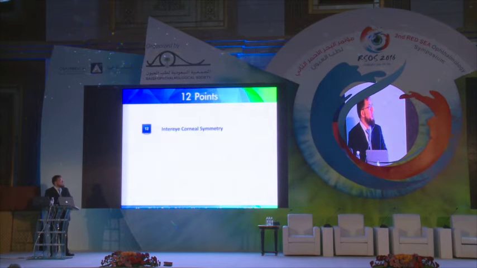The last point is we have to compare between both eyes. I cannot give a decision when I see only topography from one eye. It is very wrong. So many times when my colleagues send one eye topography and ask me for my opinion, I have to see both.